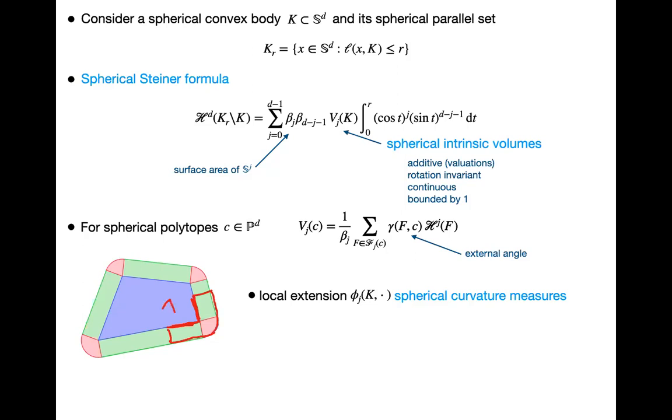So if this is the set A, then this is just the local parallel set, and you do the same expansion in here, but you only look at points that are contained in this local parallel set. Then these local extensions behave like a measure in the second argument A. And these are called the spherical curvature measures. And these are our functionals that we would like to look at.